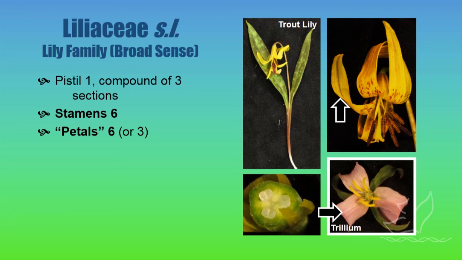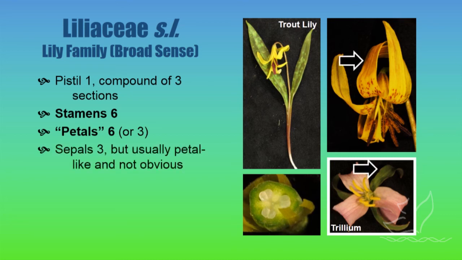The other 3 are sepals. So we would say the sepals are 3, but they're not obviously sepals because they will be petal-like. So when you look at a flower like the trout lily, you're going to think, oh, 6 petals. It's not really true, but for the purpose here, we'll just say it has 6 petals. And in the trillium, we'd say 3 petals and 3 sepals.